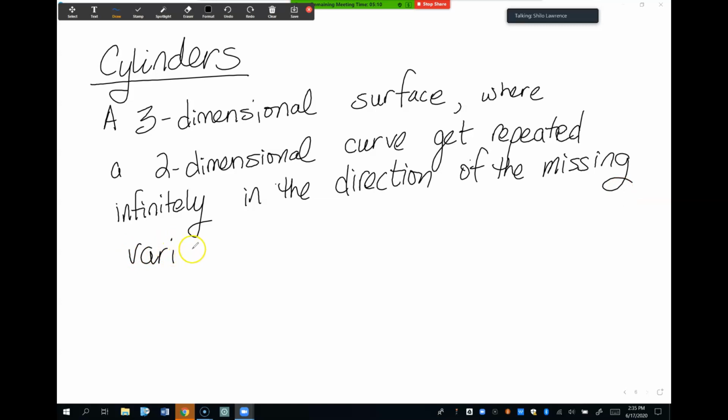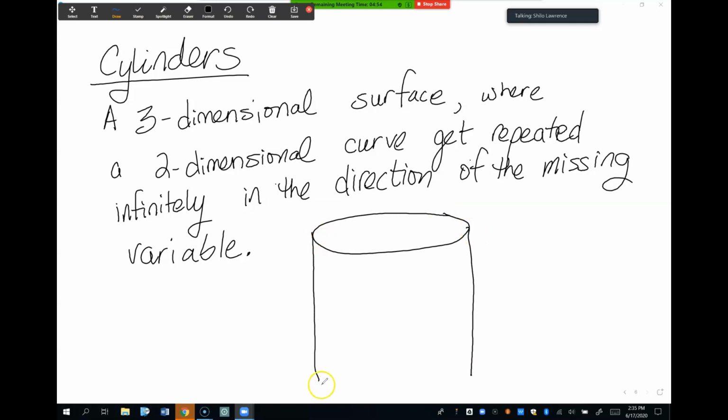So cylinders in 3-dimensional space are not going to look like 3-dimensional equations. They're going to look like 2-dimensional equations, like back from algebra and calculus class. You most likely learned a cylinder looks like a can. And that is true. A can is a cylinder.